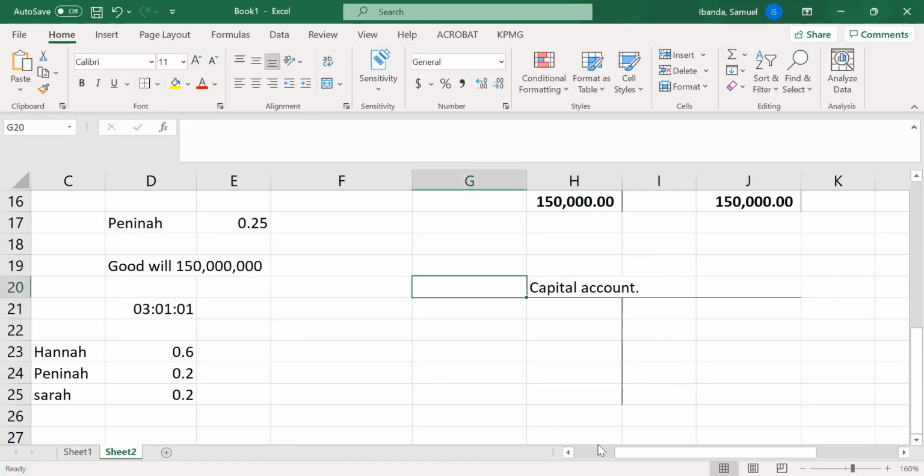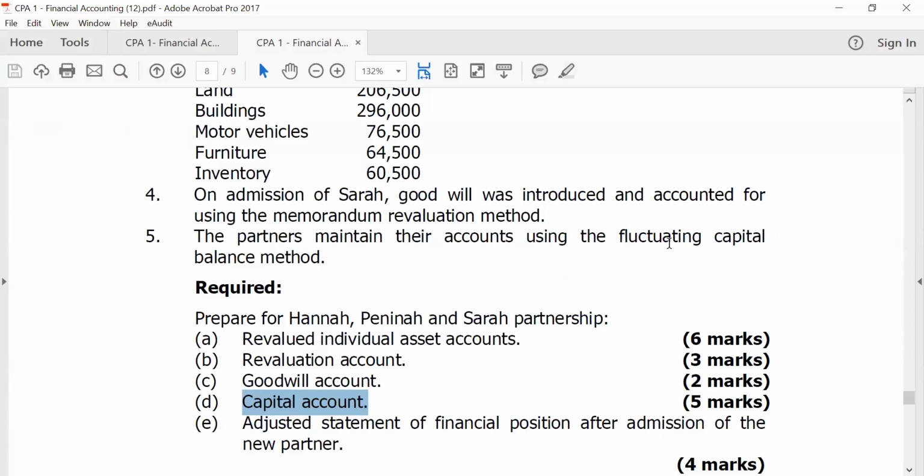Okay. So now, when you're looking at capital, remember, there are now 3 partners, but there were 2, okay? They also asked us about another term when it comes to capital, which is also good for you to understand.